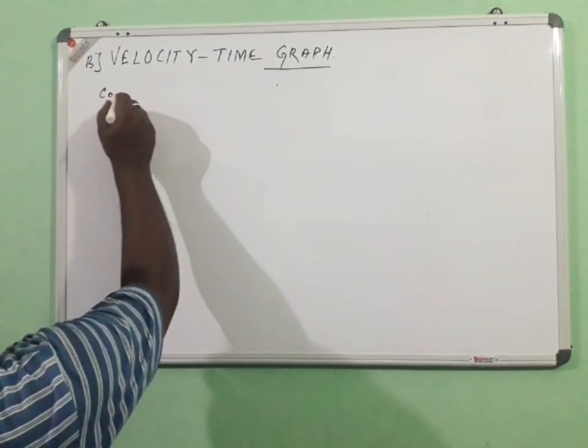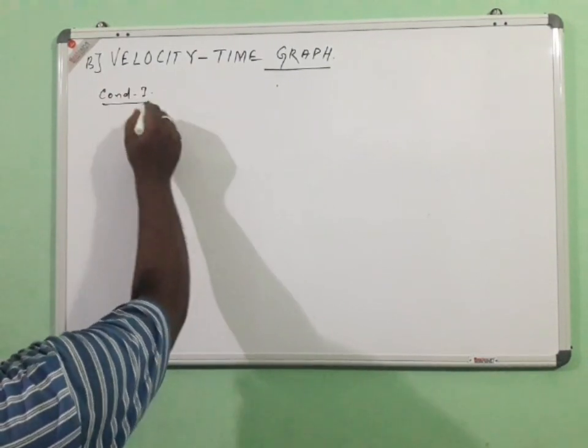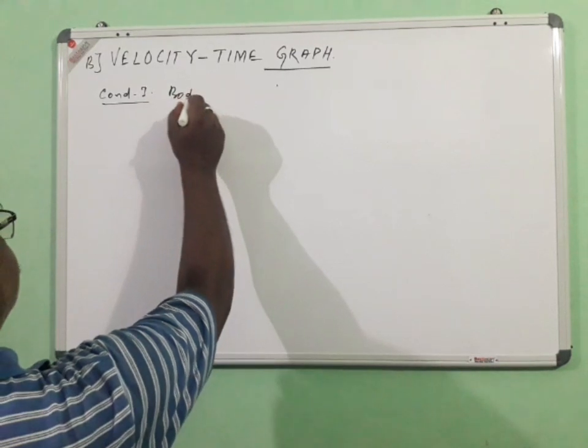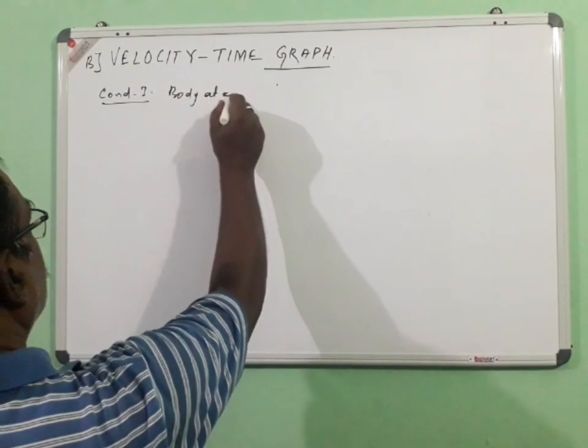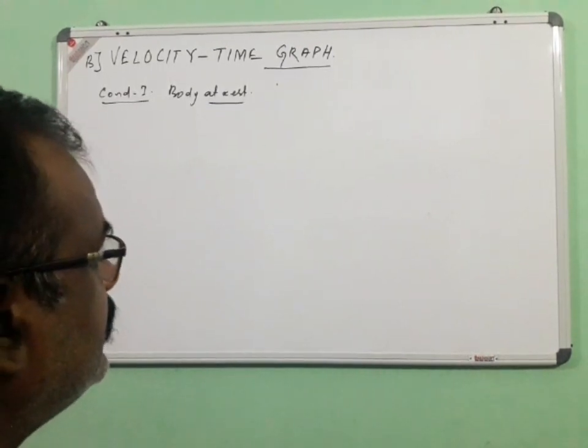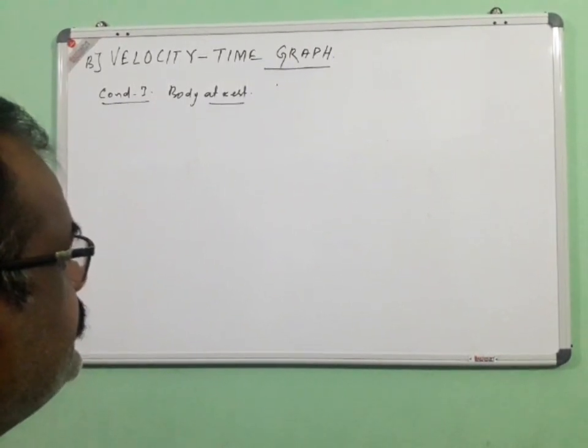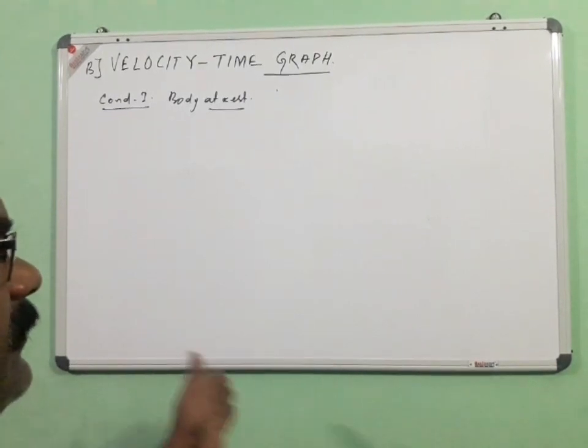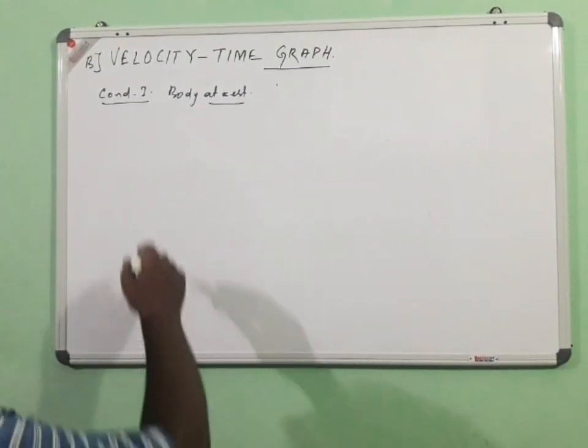Condition number 1, body at rest. Body at rest means the velocity is always 0, irrespective of the change in time.